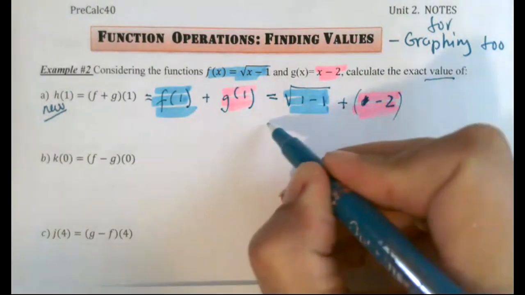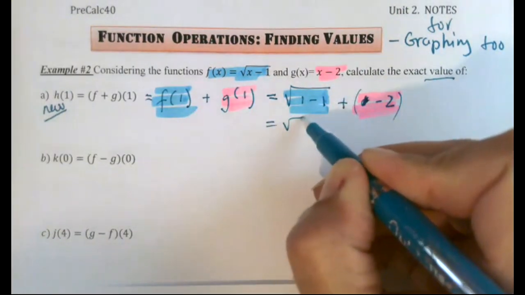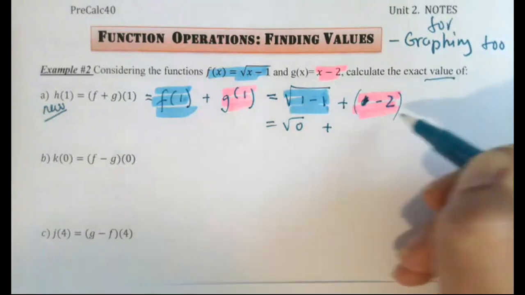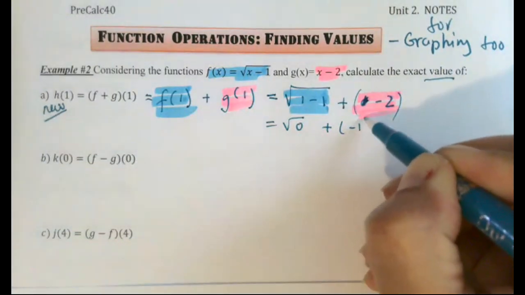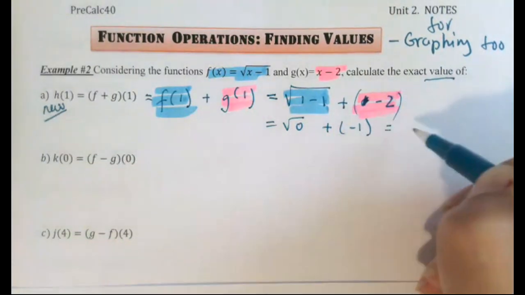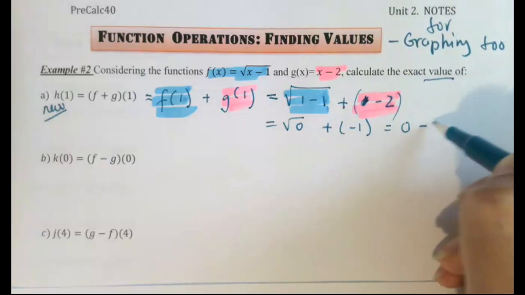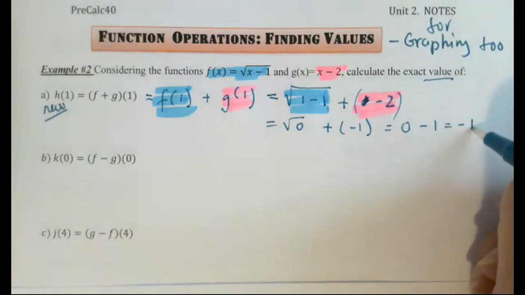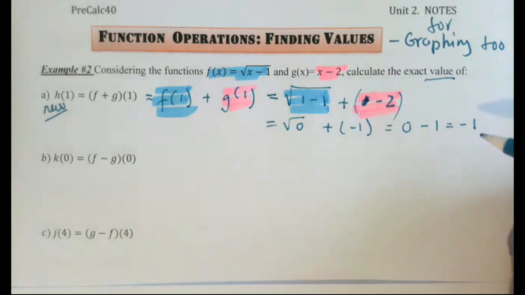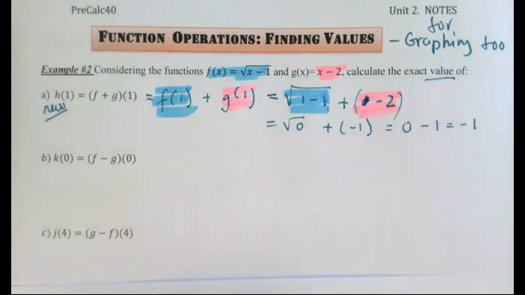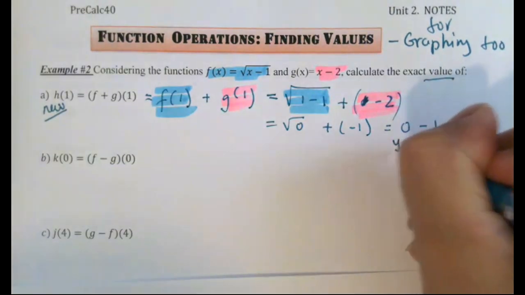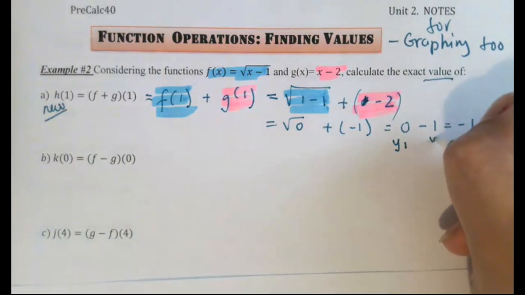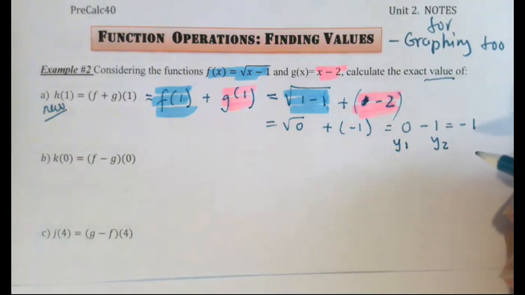Okay, so now we're just going to calculate: square root of 0 plus 1 minus 2 is negative 1. Square root of 0 is 0, minus 1 is negative 1. Right? So this is the y of the first function. This is the y of the second function.